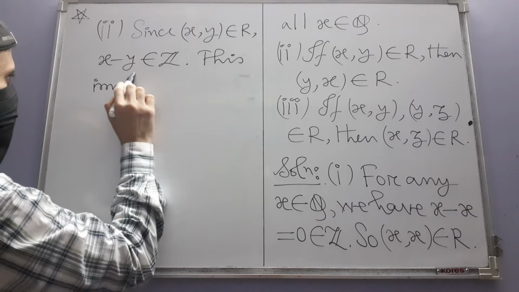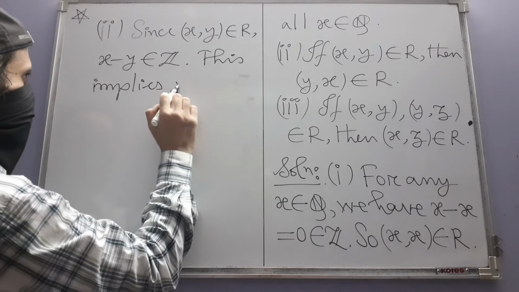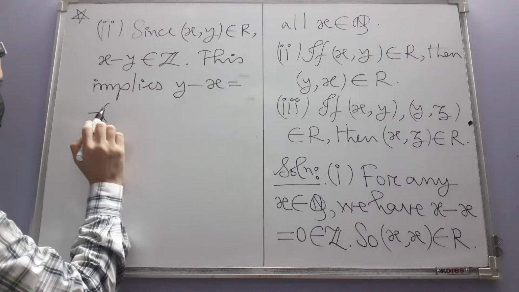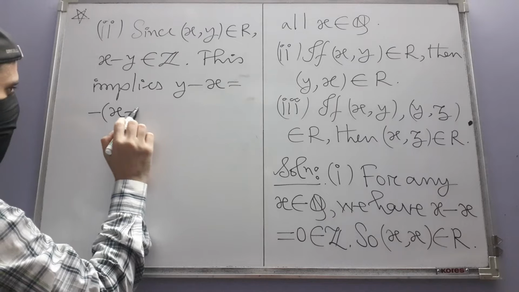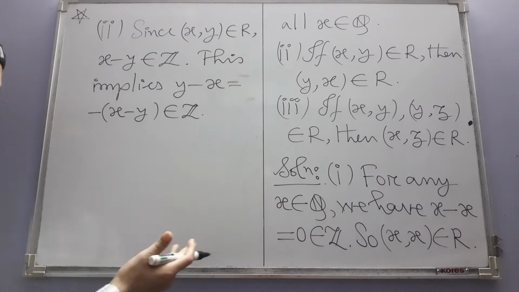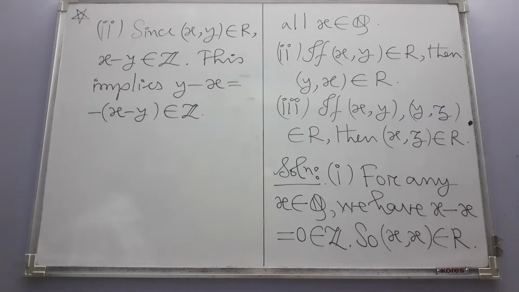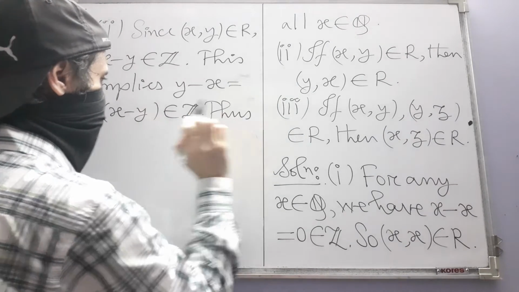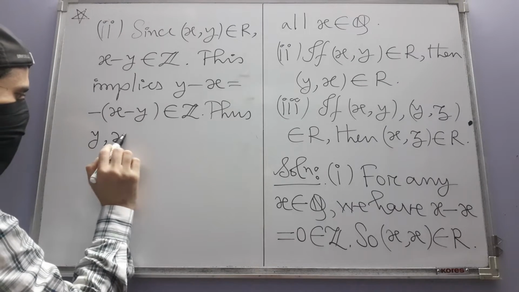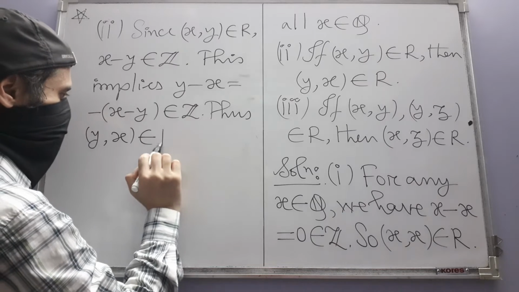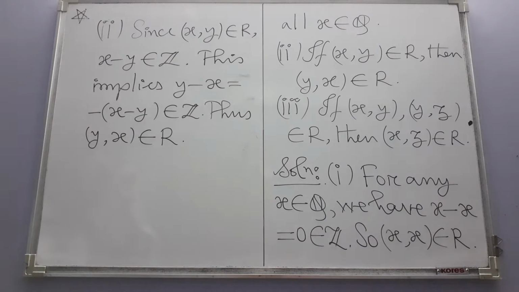But this implies that y minus x, which is nothing but the negative of x minus y, is also an integer, because the negative of any integer is also an integer. Thus, y comma x belongs to R.